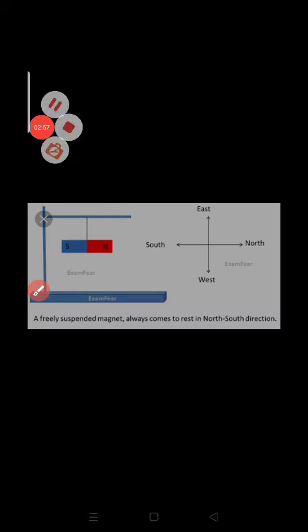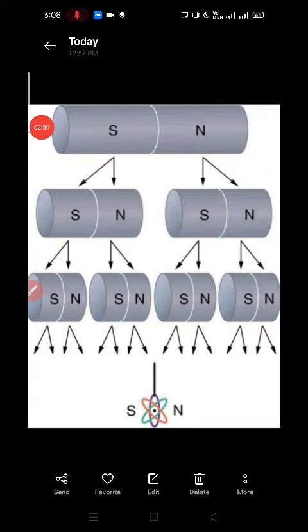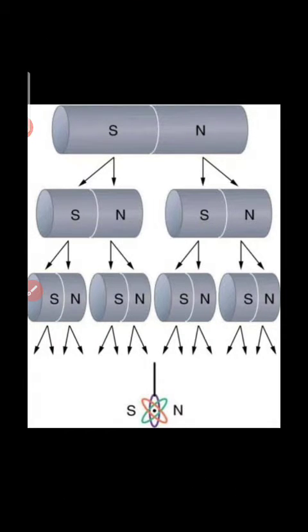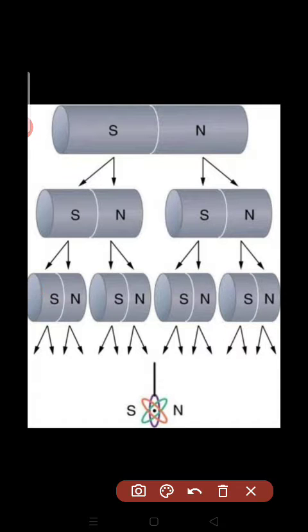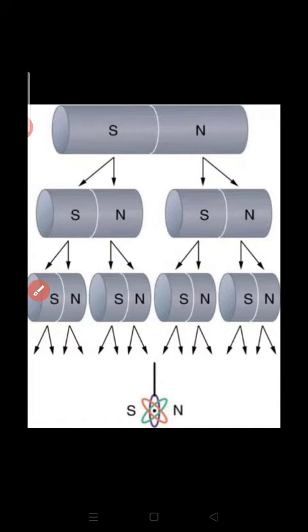Next property is, north or south pole of a magnet cannot be isolated or separated. Let's say you have a magnet, having north pole and south pole. So what do you think if I break a magnet into two parts?